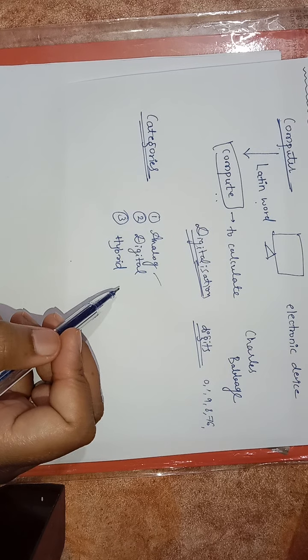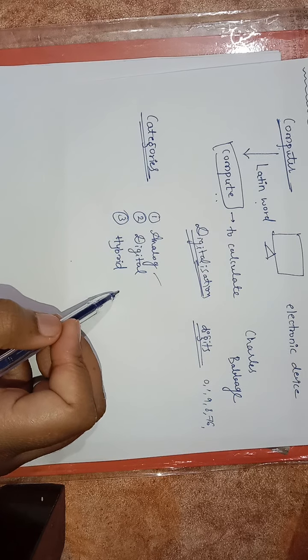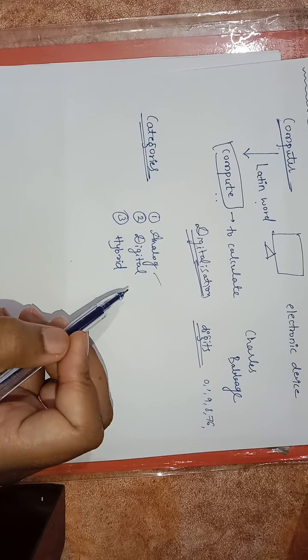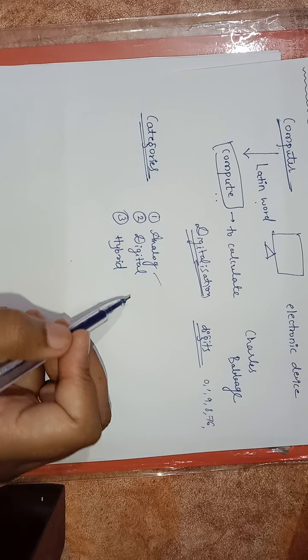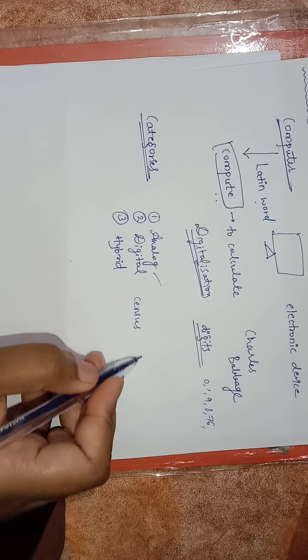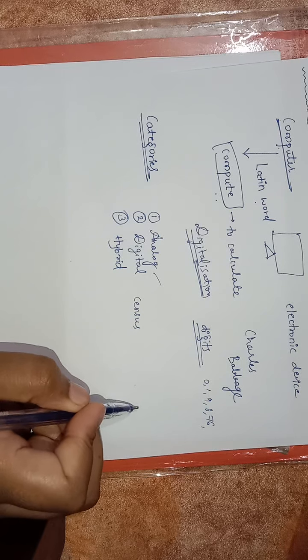And digital computers are used to process alphanumeric and graphical data, like any numbers given. Let's consider the census. In 2010 the census of the country is like this, in 2011 it is like this.